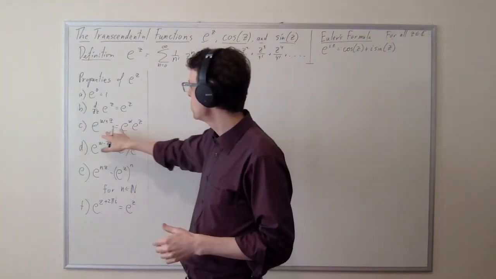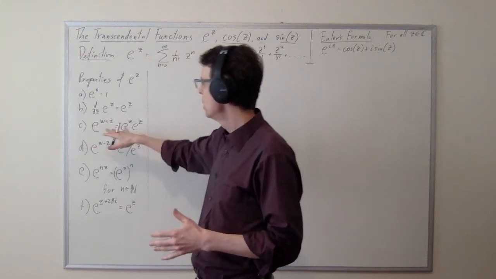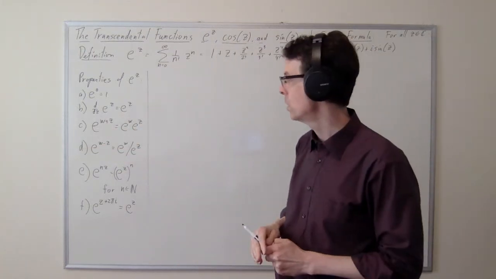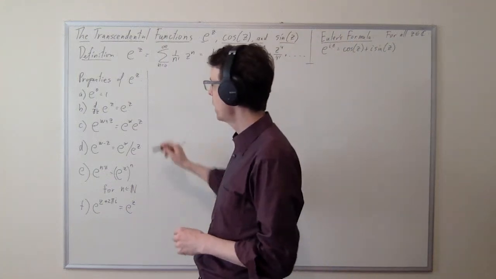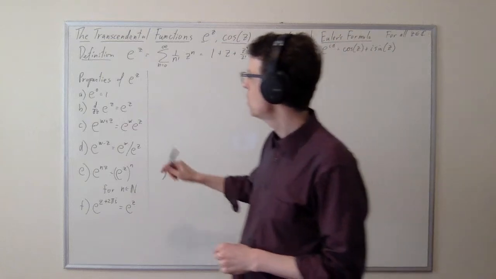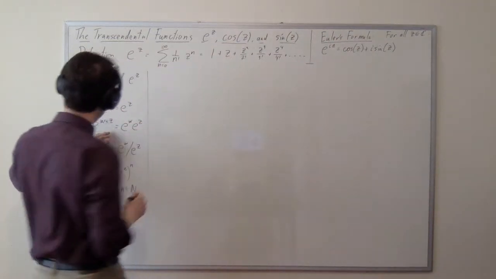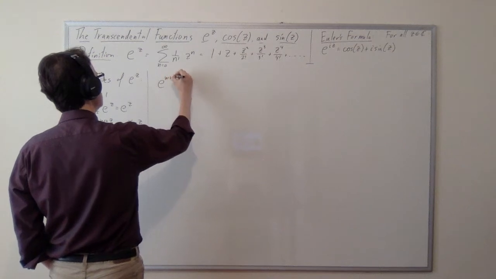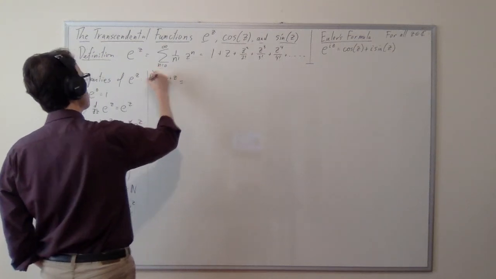So this law really does require checking and is a very significant law. It's, again, going to be more evidence that this is behaving like the real exponential function. So let's prove this. So this is kind of tricky. So we have e to the w plus z, so this is the proof of C.